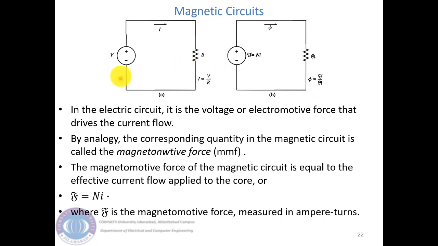Once again, voltage is analogous to the magnetomotive force, current is analogous to the flux, and resistor is analogous to the reluctance of the circuit.